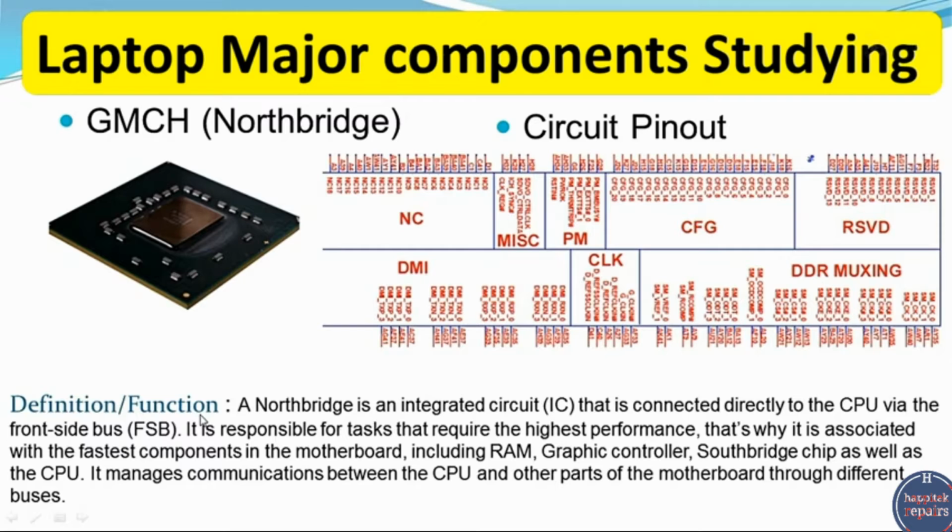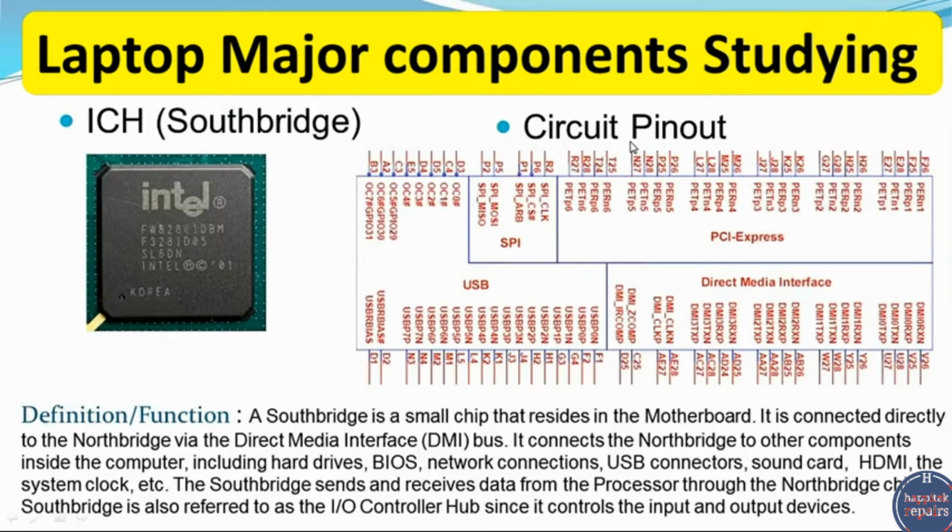It manages communications between the CPU and other parts in the motherboard through different buses. So it is connected with the CPU via FSB, with the ICH via DMI or Direct Media Interface, and of course to the RAM via the RAM bus, or random access memory bus.